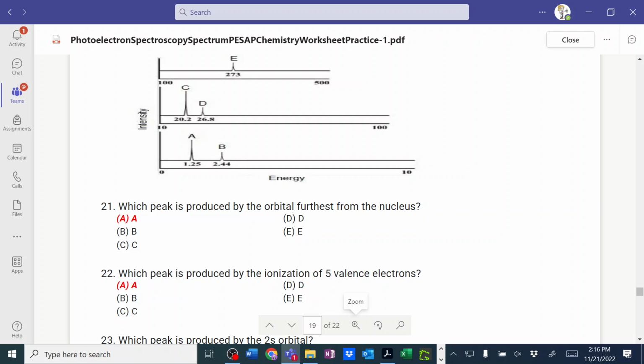Yes. I mean, that's just a quick way of remembering it if you're not wanting to remember that you remove your outer shell electrons first, like your highest energy level electrons first. It's a mnemonic device. It's not a reason.